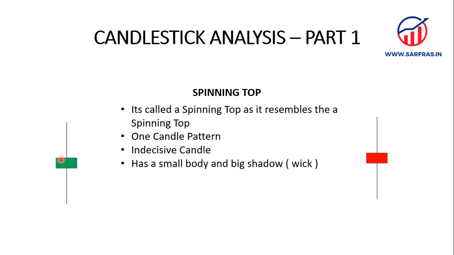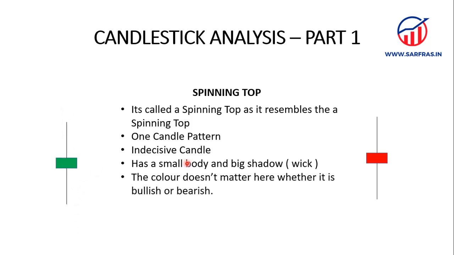It has a very small body and it has two wicks at both ends which are long enough. The color again doesn't matter, whether it's bullish or bearish. It can be a trend reversal or trend continuation, as I mentioned, because supposing the trend weakens and you have a spinning top, probably the price reversal could happen, or it could just ignore that and the trend could continue.